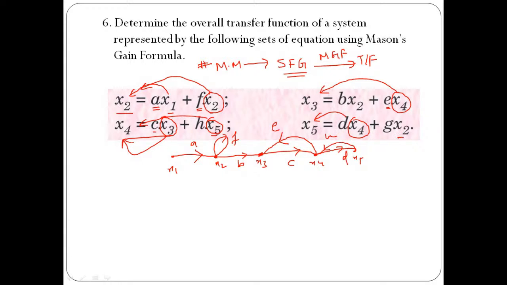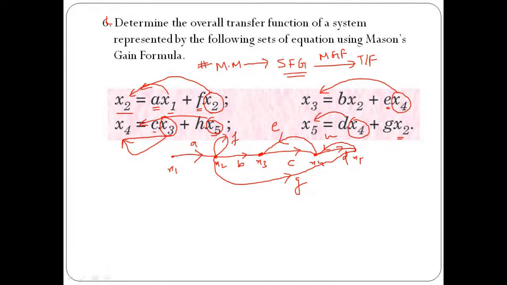And then from x2 to x5 with a gain of, I think, g. It's not h, it's g. So you apply this logic, and you will convert this mathematical modeling into its corresponding signal flow graph.